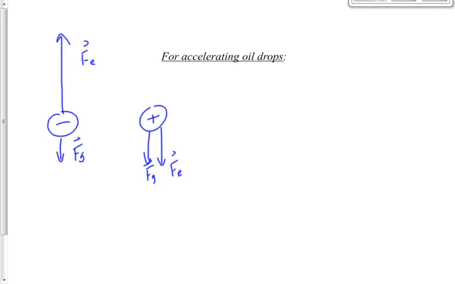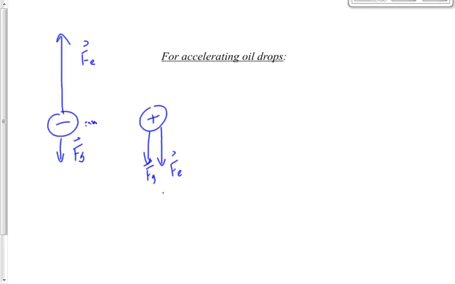By the way, which way would this one accelerate, up or down? Yep, upwards. We don't know how fast. Could accelerate upwards at 3 meters per second squared or 15 meters per second squared. Fe is bigger than Fg, so it's going to accelerate upwards. Which way does it accelerate this way? Downwards, right? At what rate? 3.5, 9.81, 15?